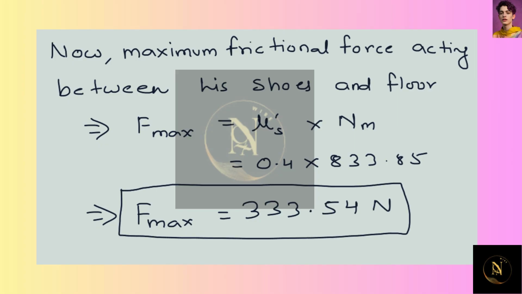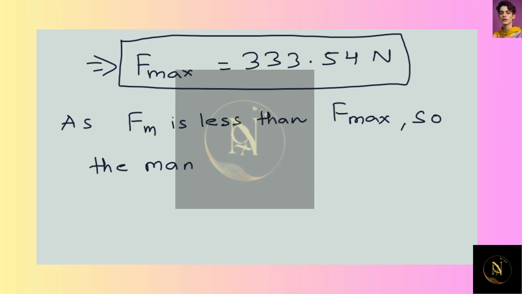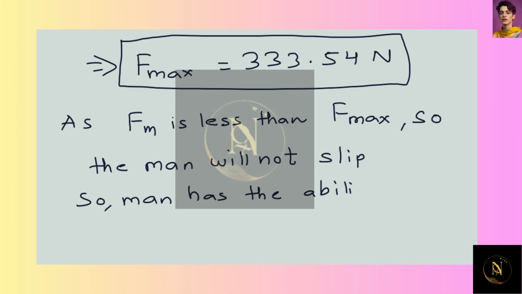From this we can conclude that Fm is less than Fmax. So the man will not slip. So the man has the ability to move the crate.